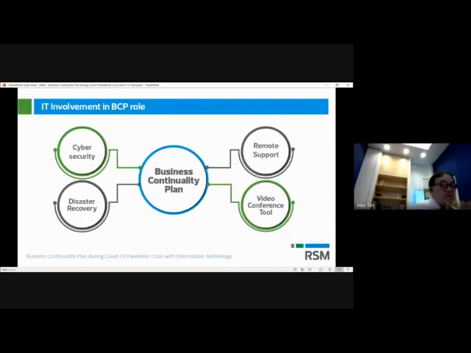When we talk about BCP, it has other involvement, such as the IT involvement. The objective of BCP is to minimize the potential impact of threats on business operations.